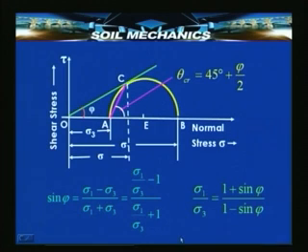Or from here we can show that sigma 1 by sigma 3 is equal to 1 plus sin phi by 1 minus sin phi. All these different expressions are useful in different contexts to relate the plane of failure and the states of stress sigma 1 and sigma 3.